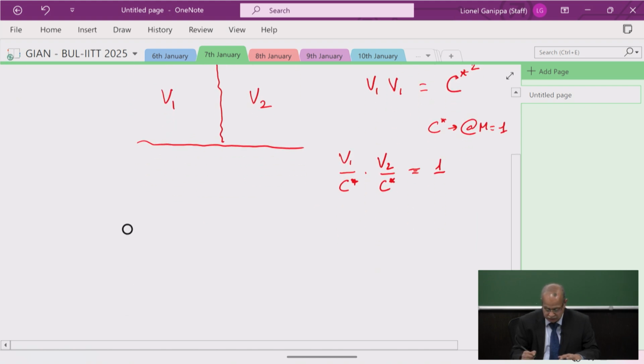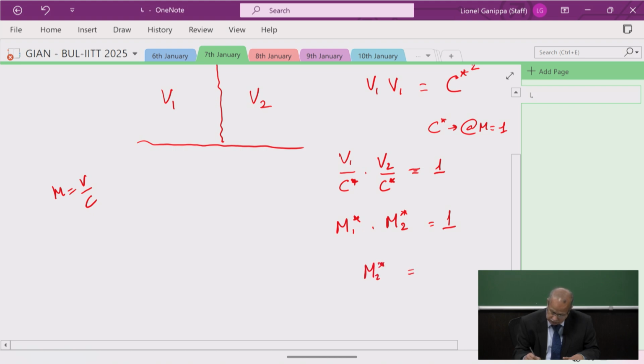Or in other words, we know that Mach number is equal to V by C. So here it is M1 star times M2 star is equal to 1. Accordingly, Prandtl's hypothesis says the Mach number after the shock will be subsonic. That is Prandtl's hypothesis.